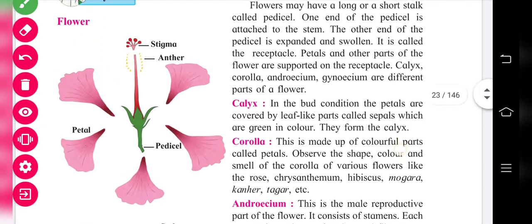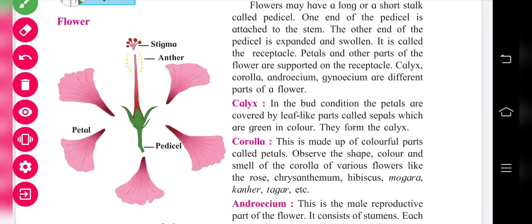Okay, the second: the calyx, corolla, androecium and gynoecium are different parts of the flowers. So here is the petal, anther, stigma. These are the different parts of the flower. So let's discuss one by one the parts of this flower.